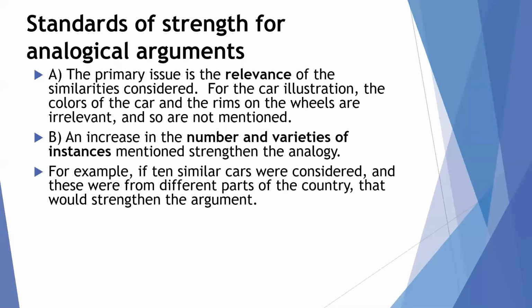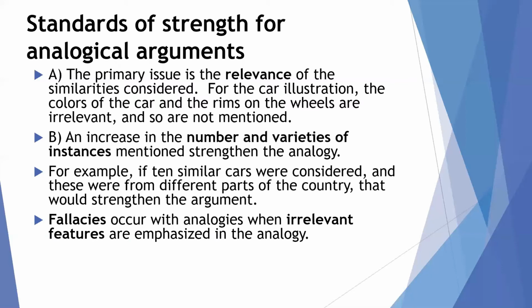So for example, if I had 10 similar cars that also had the same mileage, were the same make, model, and year, and were also from different parts of the country, we would have greater number and also a greater variety, then that would strengthen the argument. Assuming, of course, they all got at least 30 miles to the gallon, that gives you all the more reason to believe that the car in question will get 30 miles to the gallon.